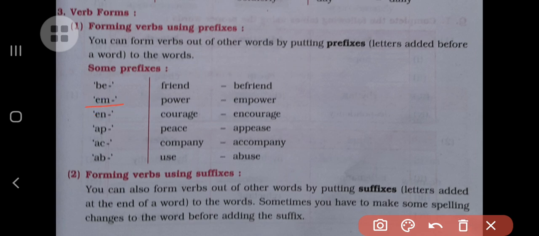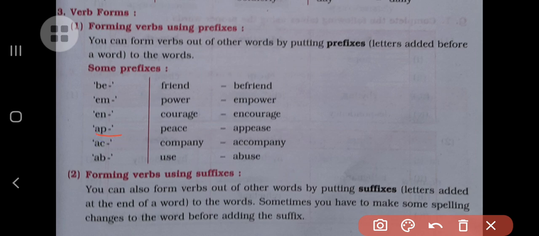Em: this is the prefix that we use before power, then it becomes empower. Similarly, en: we use this prefix before courage, then it becomes encourage. Understand?